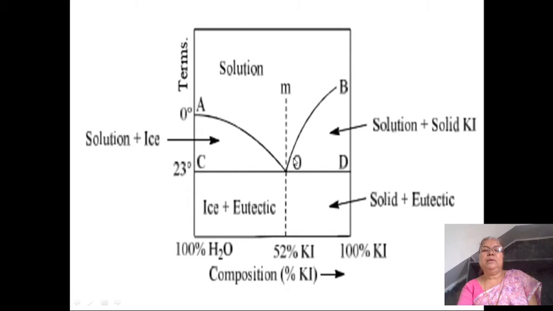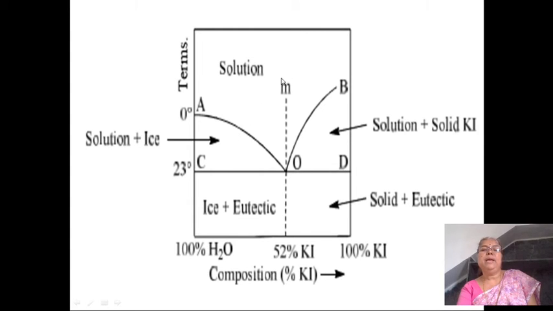And this curve OB represents the solubility curve of KI. That means as we increase the temperature, the solubility of the salt goes on increasing. And along this curve AO, two phases are in equilibrium, ice and solution. So the curve is univariant.